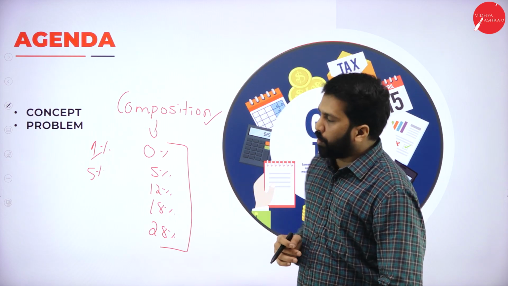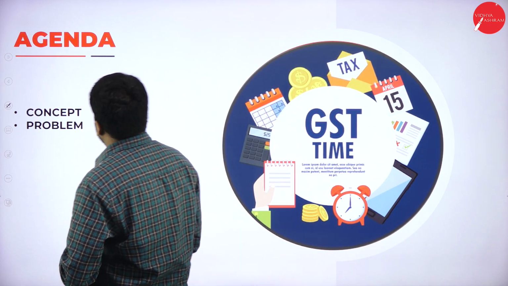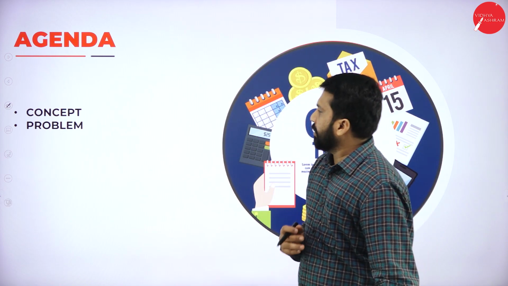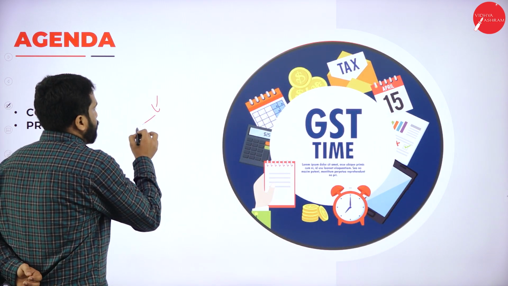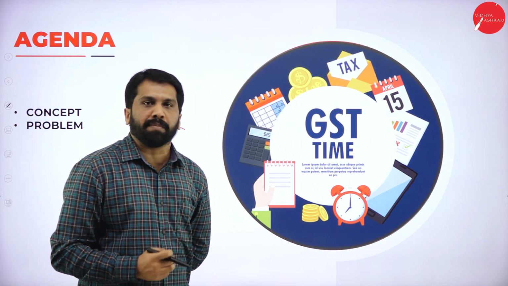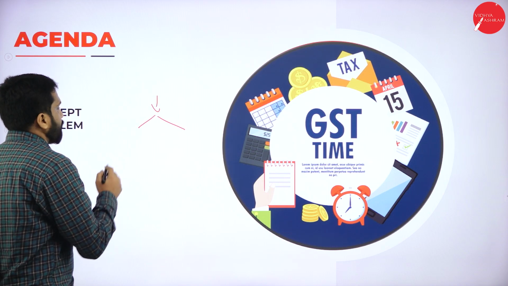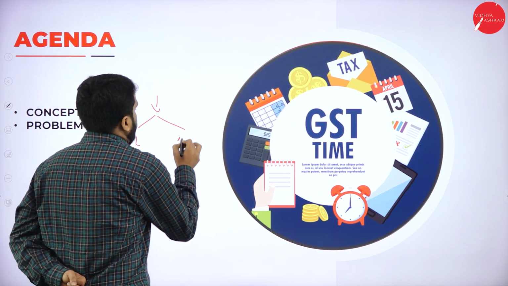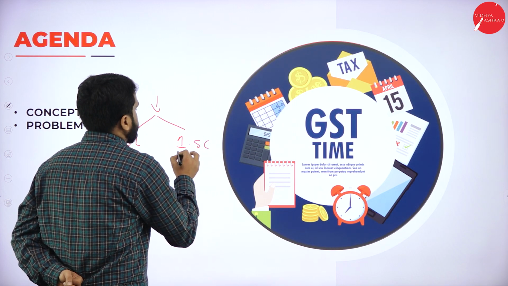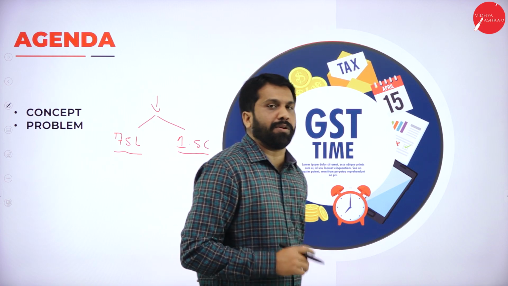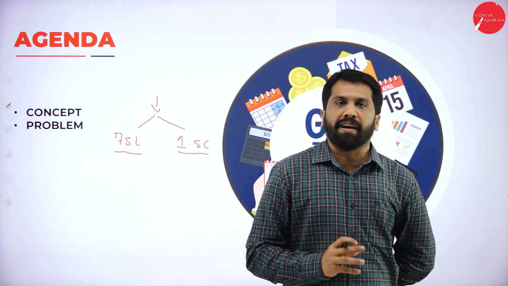And one more important thing under the composition scheme is that there is a basic limit. Everybody cannot go for the composition scheme. Only 75 lakh or 1.5 crores. There are two things. One is 75 lakh, one more is 1.5 crores.